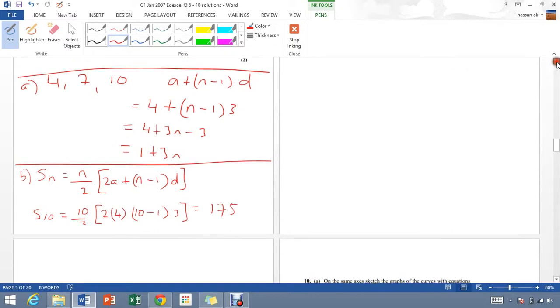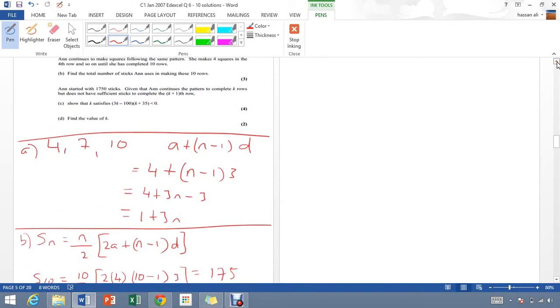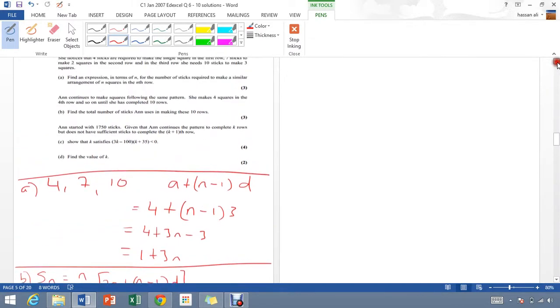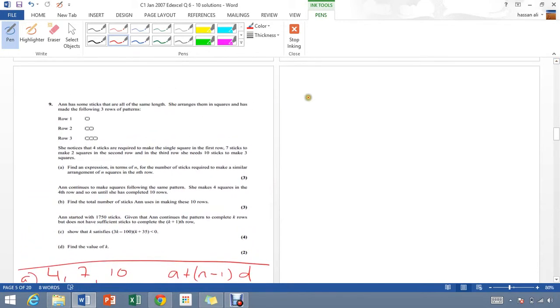Okay, part C is asking you, she started with 1,750 sticks. Given that Anne continues the pattern to complete k rows, basically she doesn't have enough sticks. So what we're trying to say is that the sum of your k terms has to be less than 1,750, because she hasn't got enough.